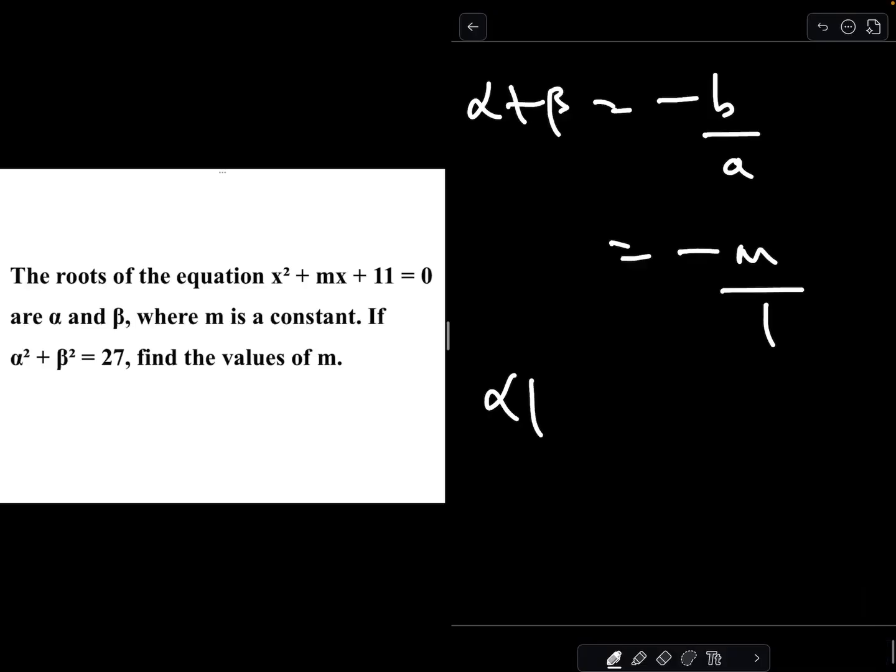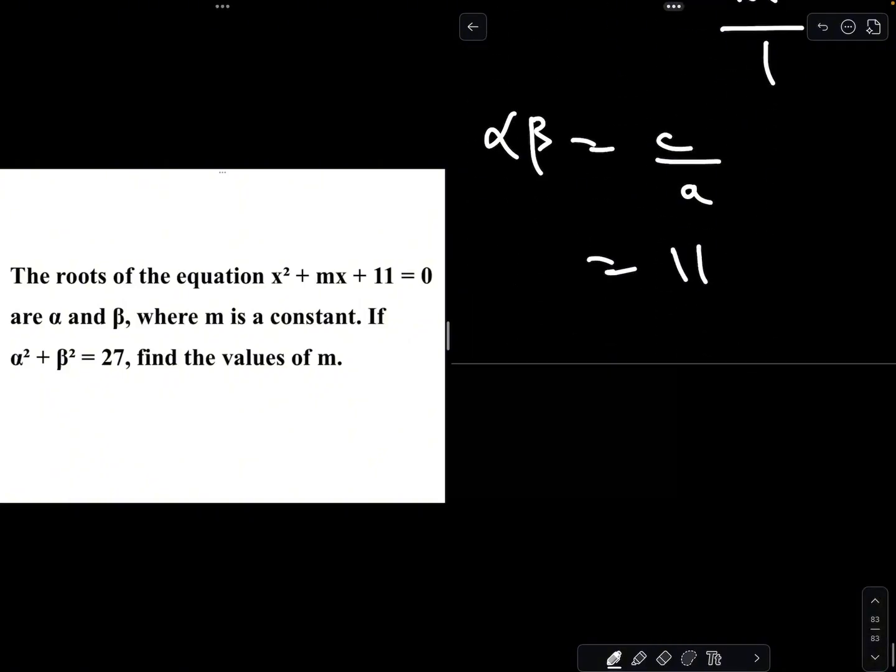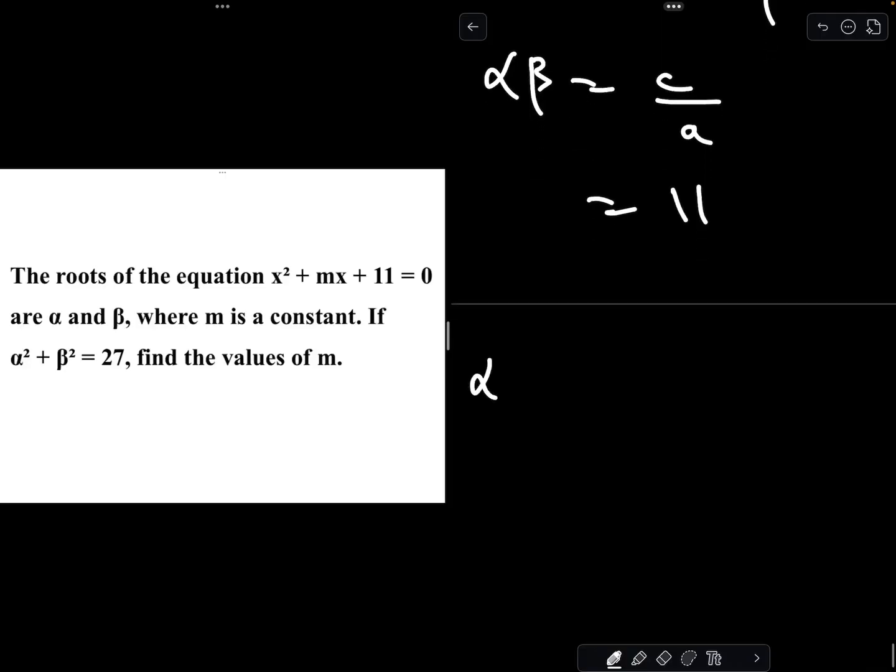And alpha beta is c over a, where c is 11 and a is 1. So that means alpha beta equals 11 over 1, which is 11. Now alpha square plus beta square is equal to alpha plus beta all square.